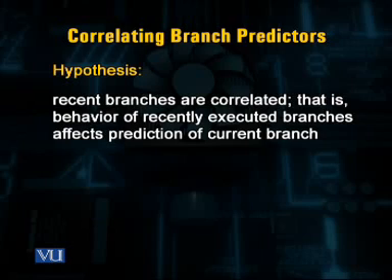Now, in the correlating branch predictor, the basic idea is to record the M most recently executed branches as taken or not taken, and use that pattern to select the proper branch history table.